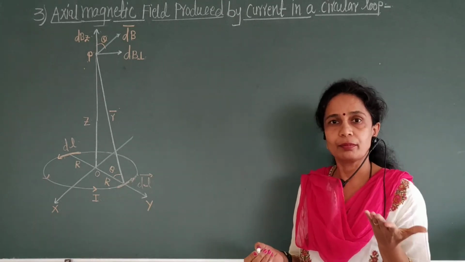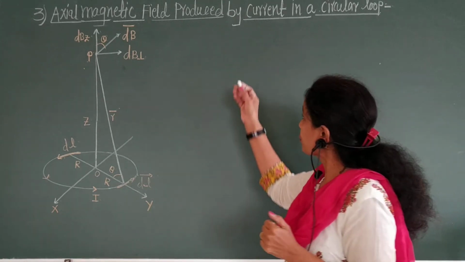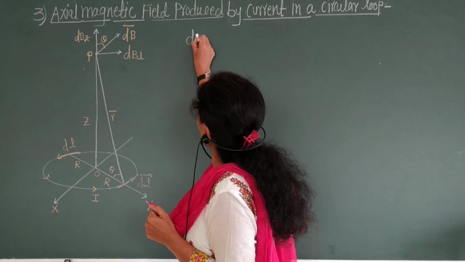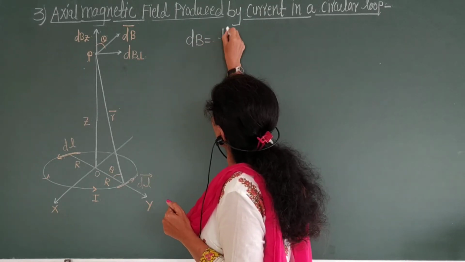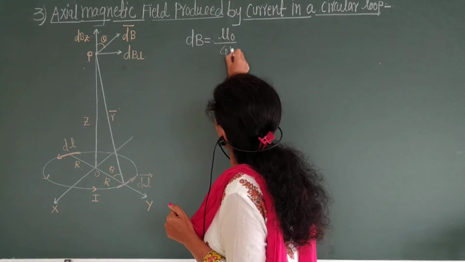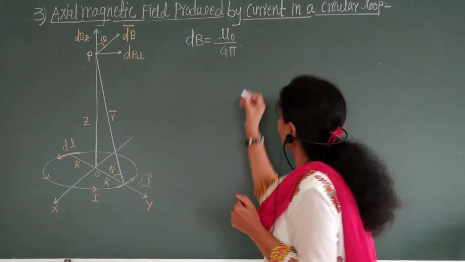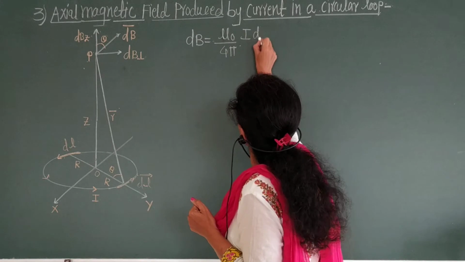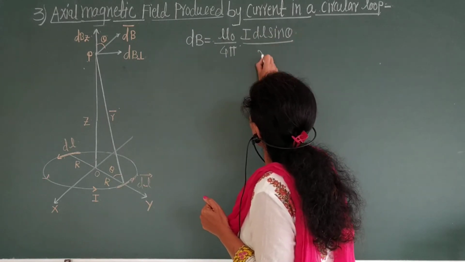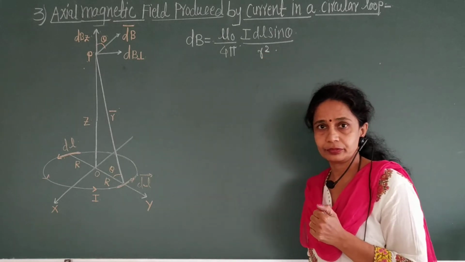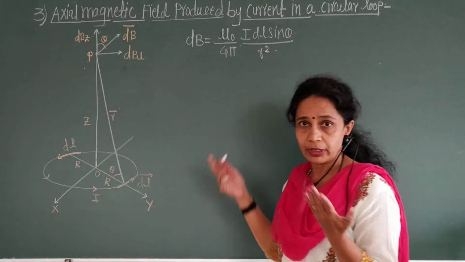Then use the Biot-Savart law. What is the Biot-Savart law? dB is equal to mu 0 upon 4 pi, I dl sin theta upon r square. Mu 0 upon 4 pi is a constant term.